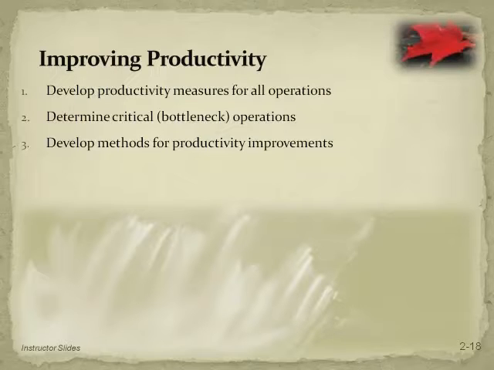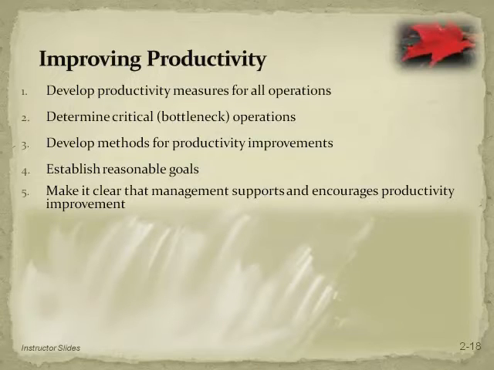So how do we go about defining what our process improvements are? Establish some reasonable goals for productivity improvement. So what is our productivity today, and what would we like for it to be at some future date?